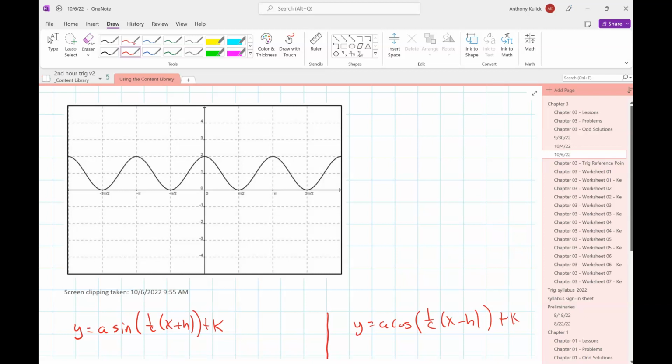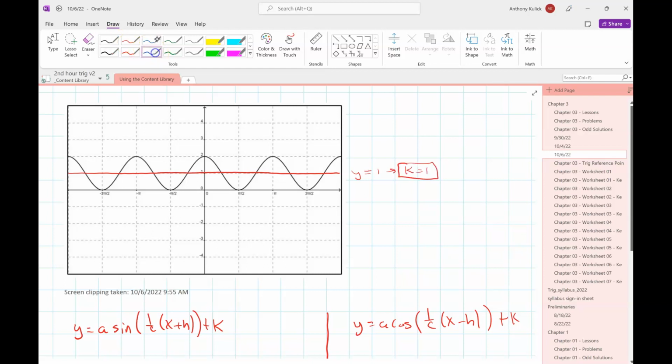All right. First thing what we look for is the midline, right? Where's that midline at? Looks like y equals 1 to me. So the k there has to just be 1.